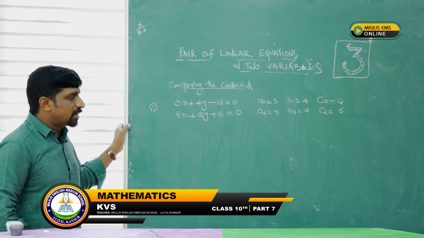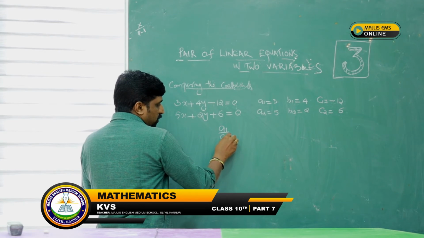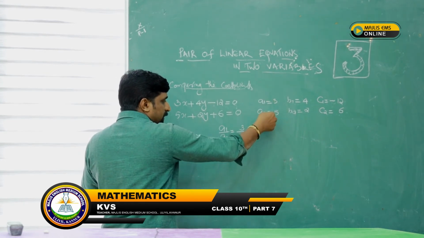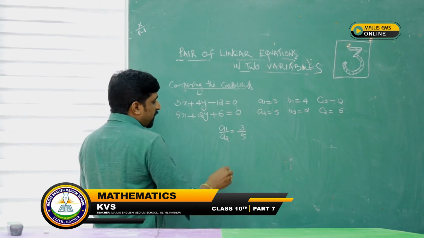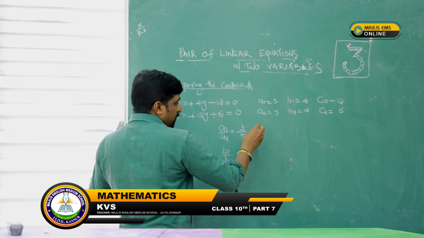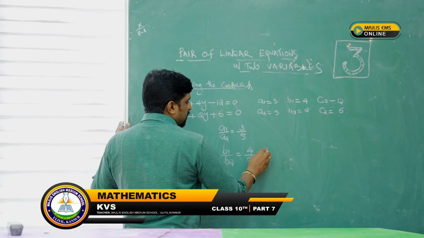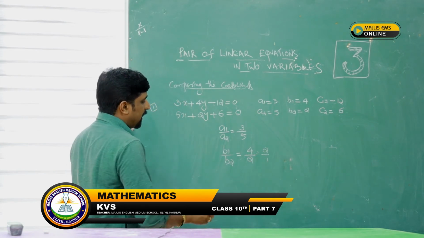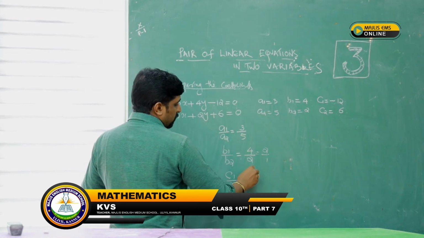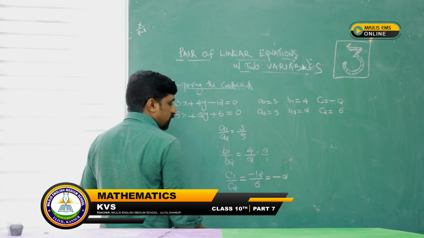Comparing the coefficients means, first we find a1 by a2, which is 3 by 5. Next b1 by b2, which is 4 by 2, after simplifying 2 by 1, or 2 itself. And c1 by c2 means minus 12 by 6, that is simply minus 2.